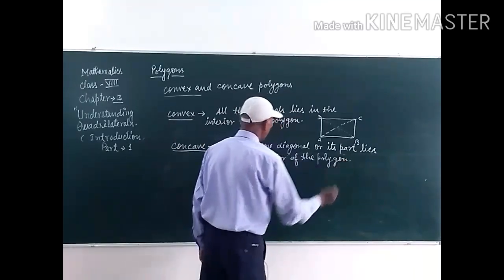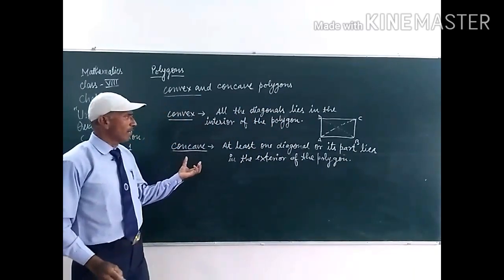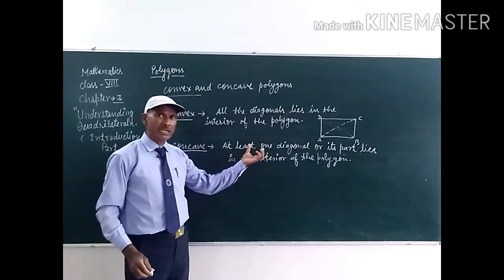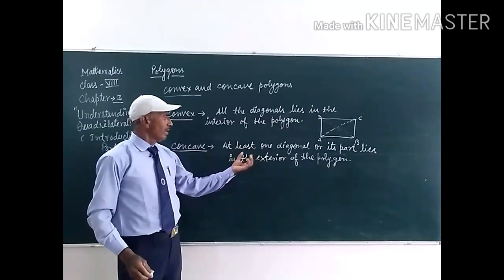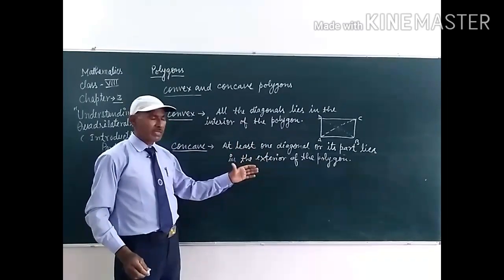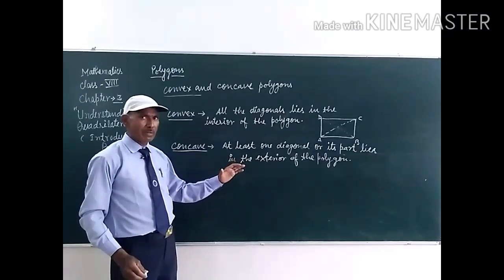In this, student, concave polygon, at least one diagonal or its part lies in the exterior of the polygon. It means outside of the polygon.